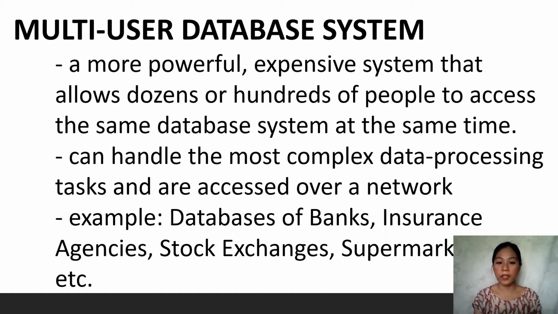And because it is accessed over a network, one database can serve many locations around the world. Examples of this are the databases of banks, insurance agencies, stock exchanges, supermarkets, and so on.